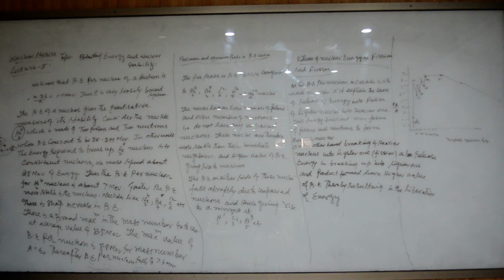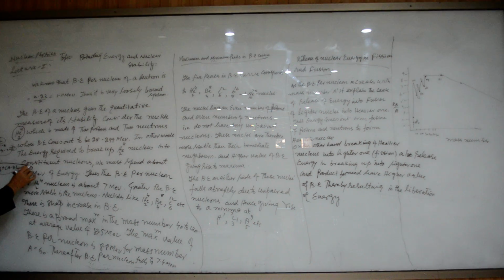So He24 consists of 2 protons and 2 neutrons in the nucleus, whose binding energy comes out to be 28.299 MeV. Earlier we found the mass defect as Z Mp plus (A minus Z) Mn minus the mass of the nucleus.